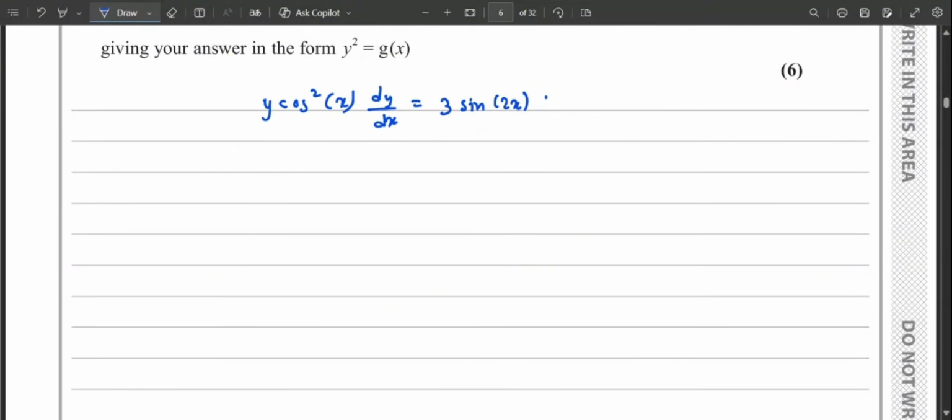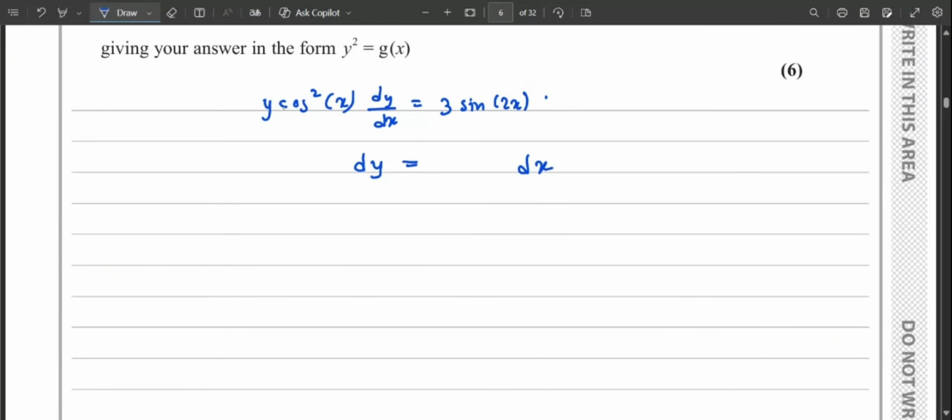Now to solve a differential equation, we know that we have to separate out the dy and the dx terms. The dy term stays on the left side, and the dx term will move on to the right side.